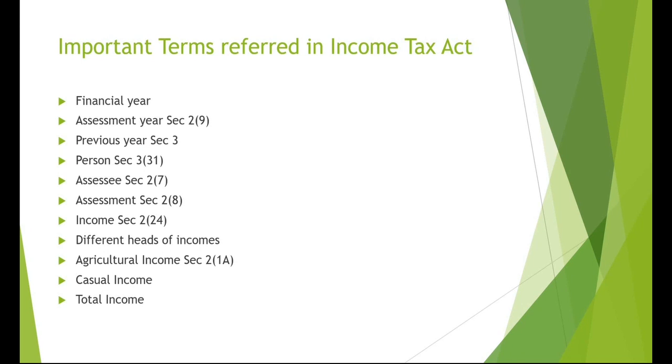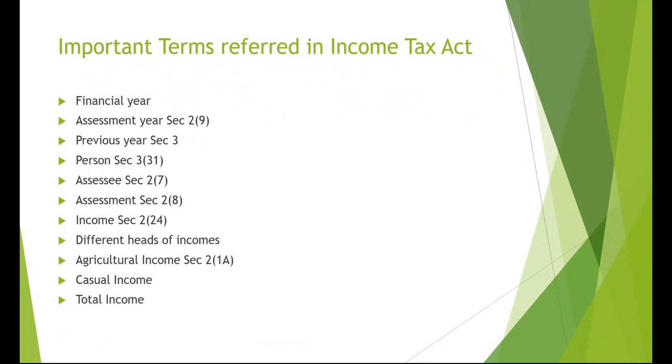Then the next one comes here, the casual income. Here casual income is nothing but an income which does not have any guarantee. In other words, casual income is an accidental one without any stipulation.